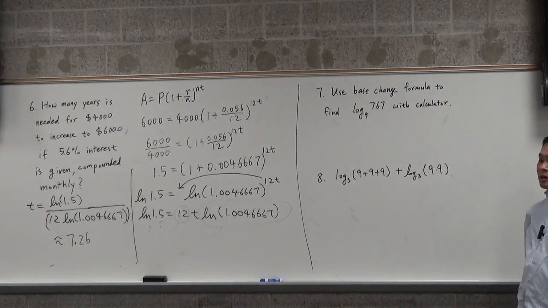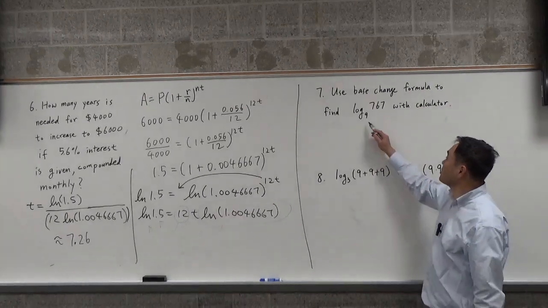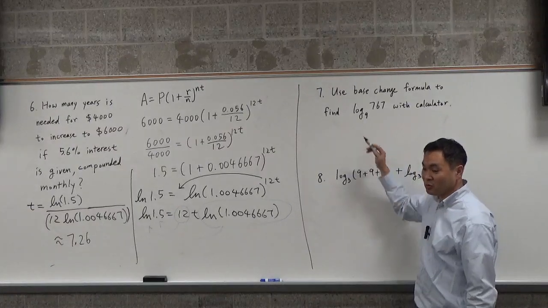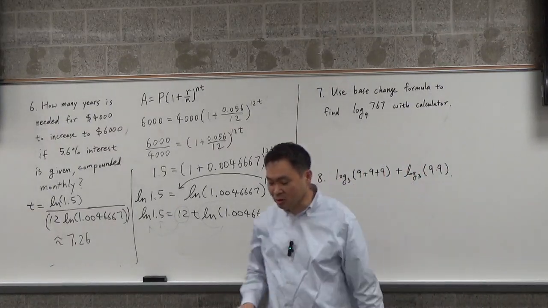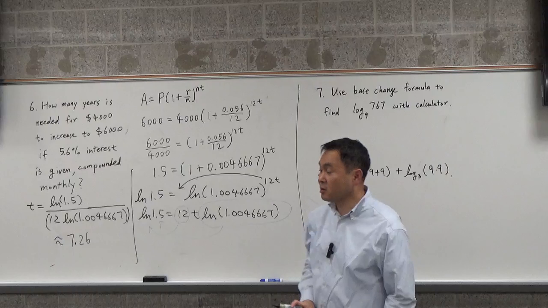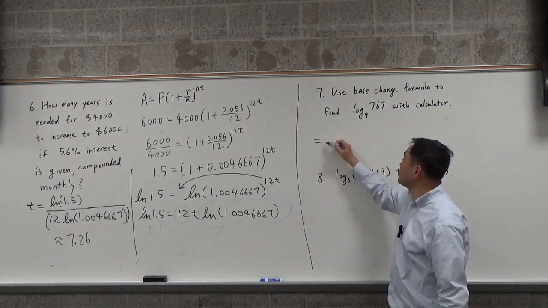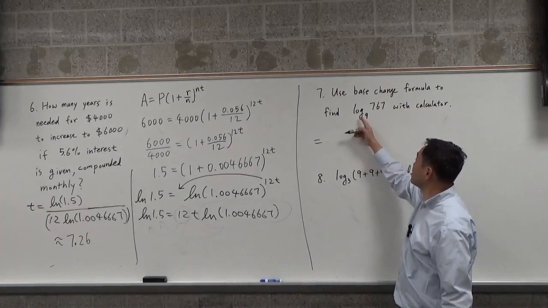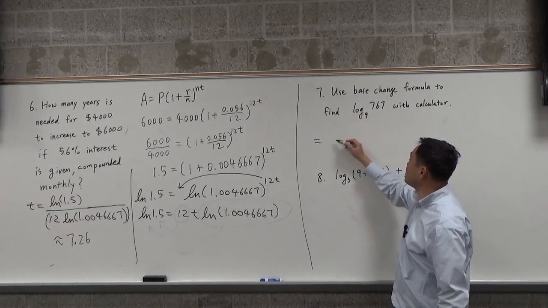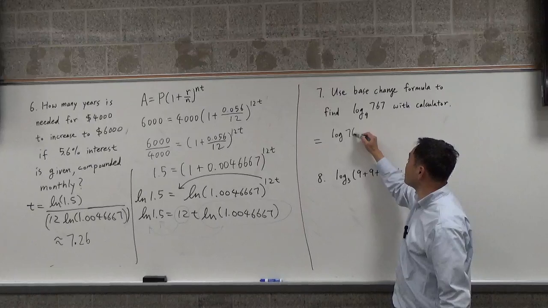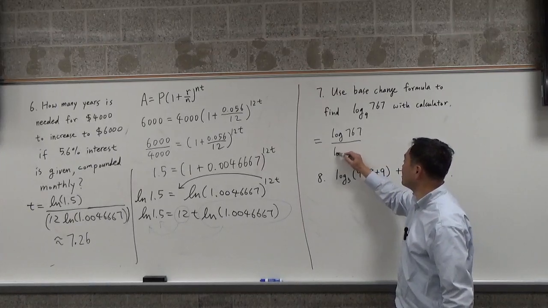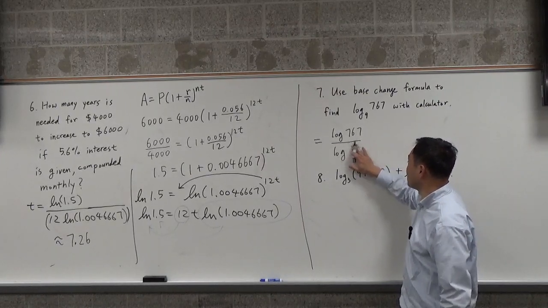Most of your calculators won't have the luxury of choosing this base. You would only have ln and log. Simply put, the base change formula says you can always write this as log 767 over log 9.